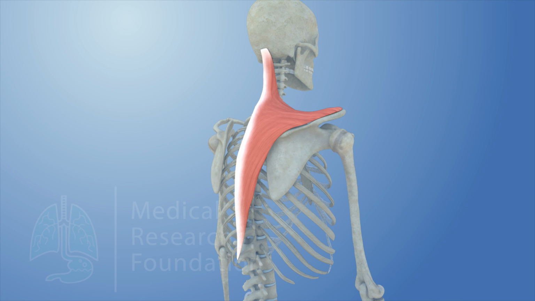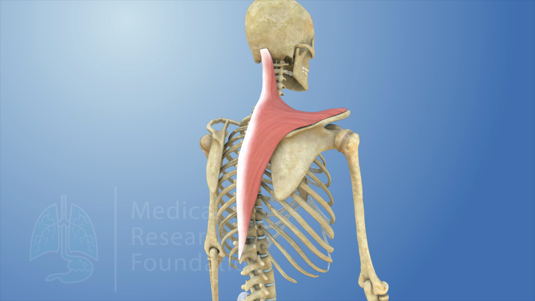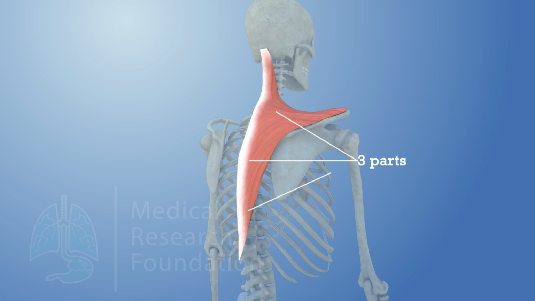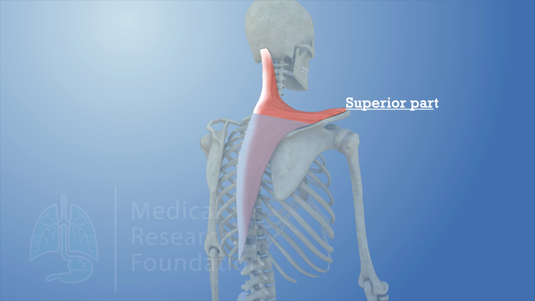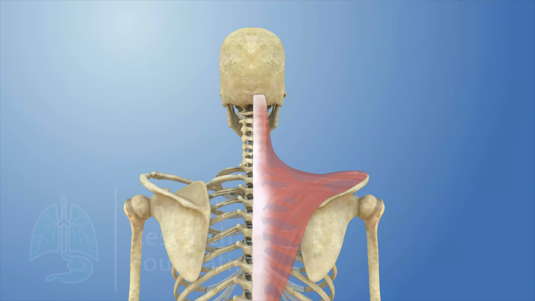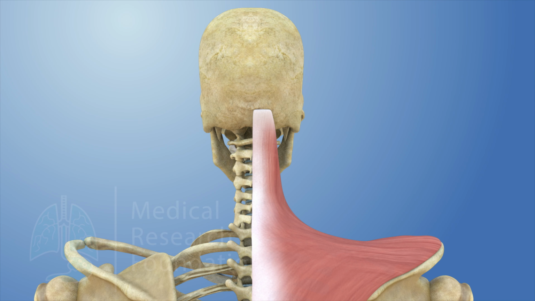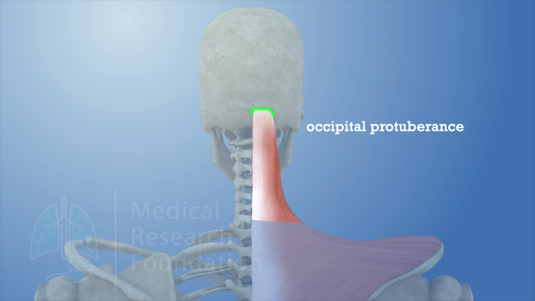Trapezius. Origin. For understanding the origin and action, this muscle is divided into 3 parts: superior part, middle part, and lower part. Superior part originates from the external occipital protuberance, superior nuchal line and ligamentum nuchae.